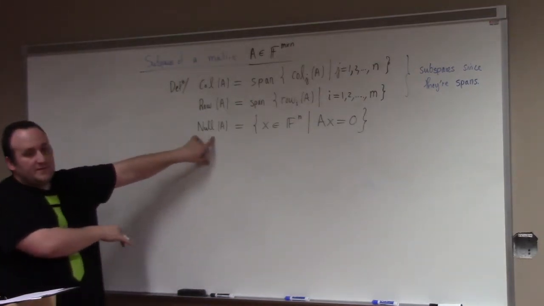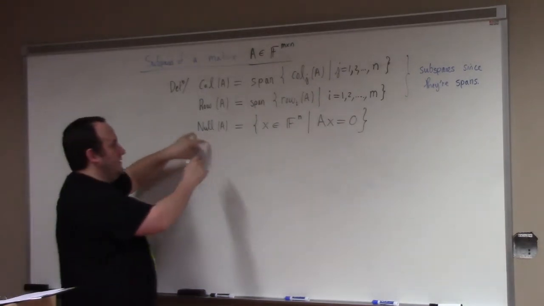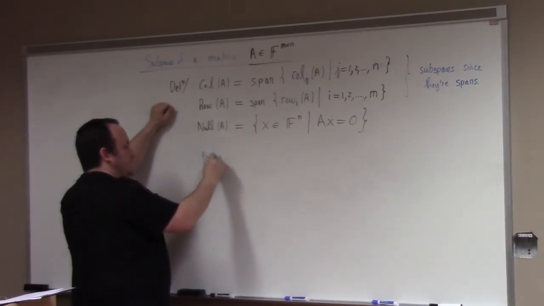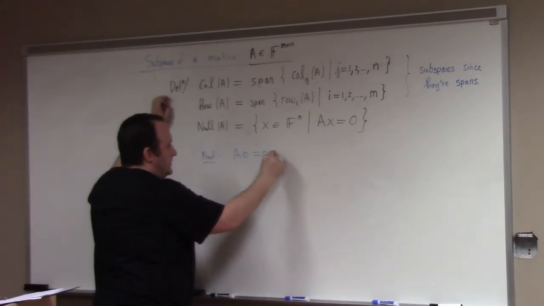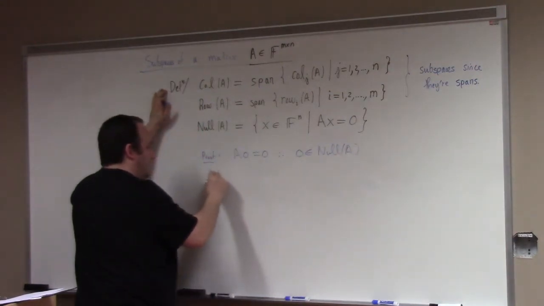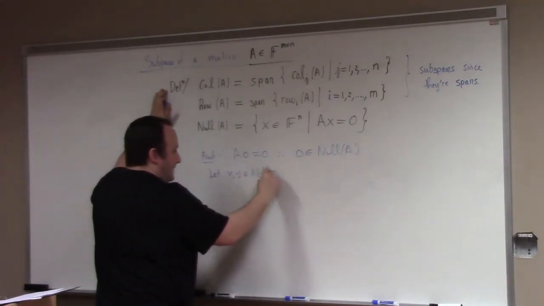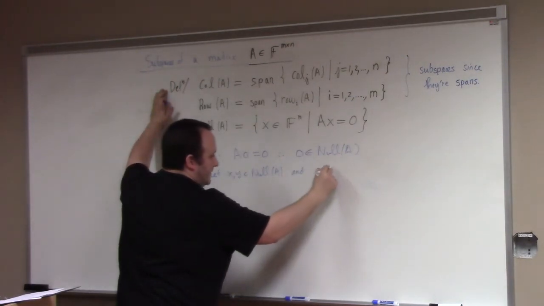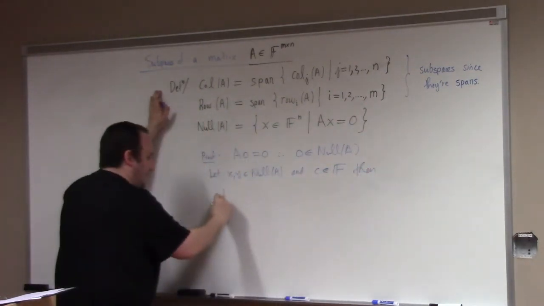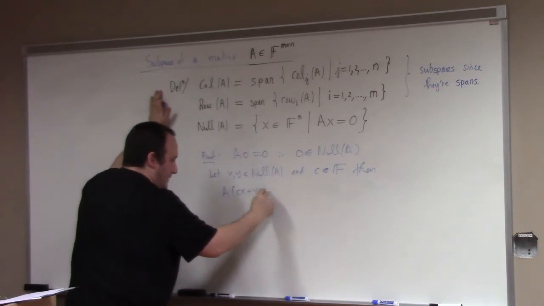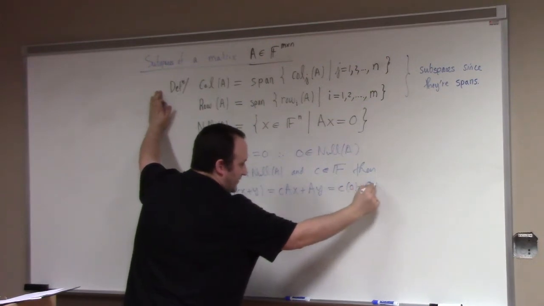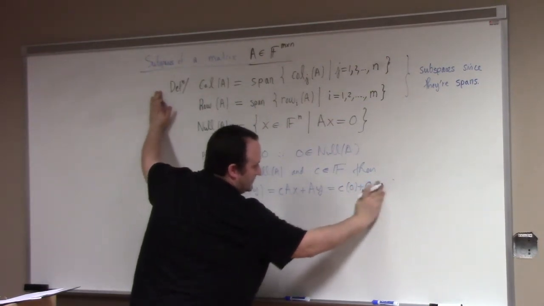The fact that the null space is a subspace, well, that's simple. Here's the proof. Notice that A times 0 is equal to 0. Therefore, 0 is in the null space of A. Let X and Y be in the null space of A, and let C be a scalar in the field. Then if we look at A times (Cx plus y), that's C times Ax plus Ay, which is C times 0 plus 0, otherwise known as 0.